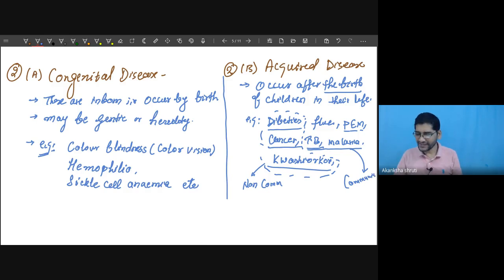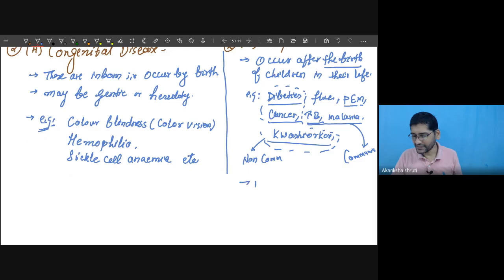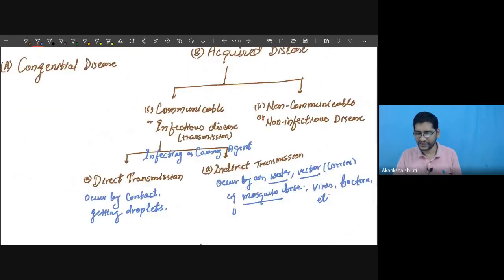Therefore, this acquired disease can be written as infectious or non-infectious. We had already written it, student, the same thing we are writing. Infectious or communicable mean the same thing.